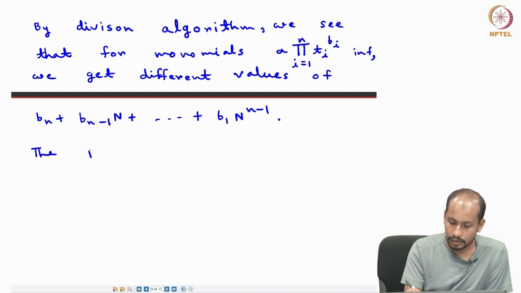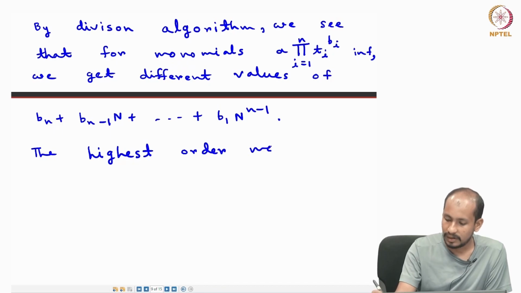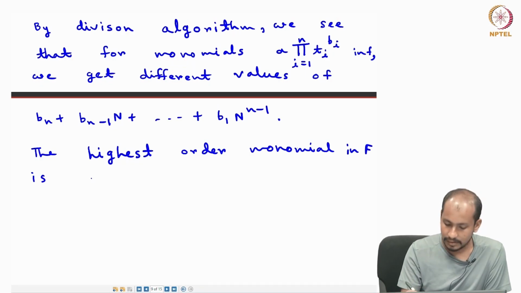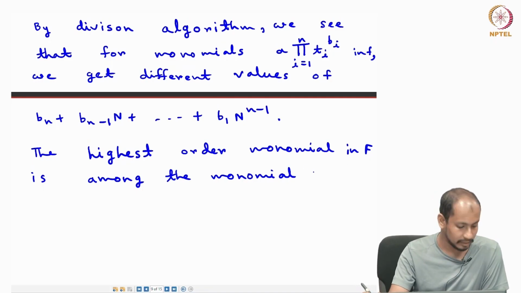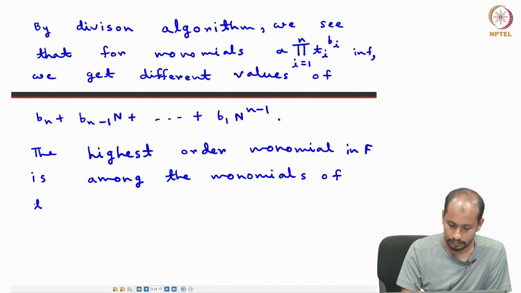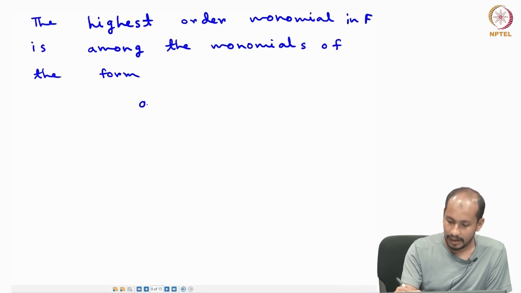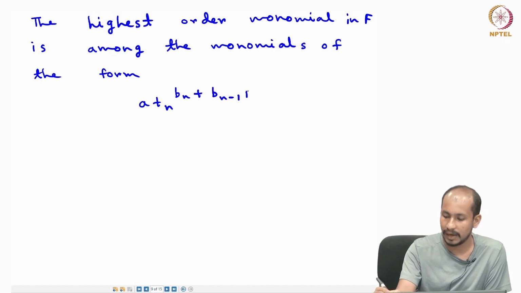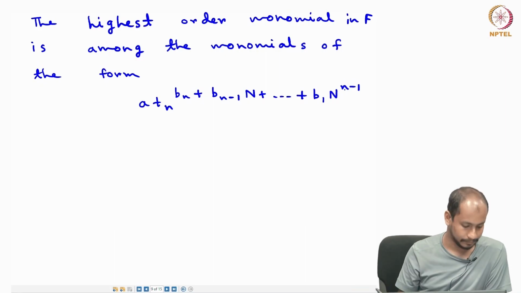Now the highest order monomial in f is among the monomials in this capital F of the form a times tn to the power bn plus bn minus 1 times N plus up to b1 times N to the power n minus 1.